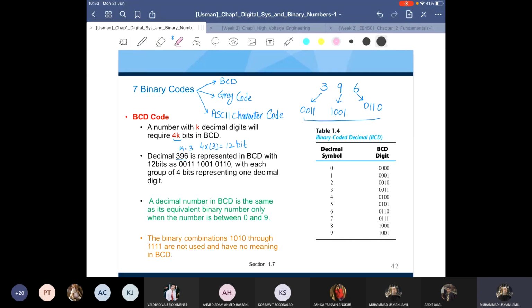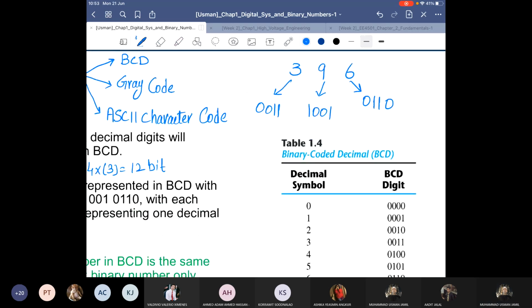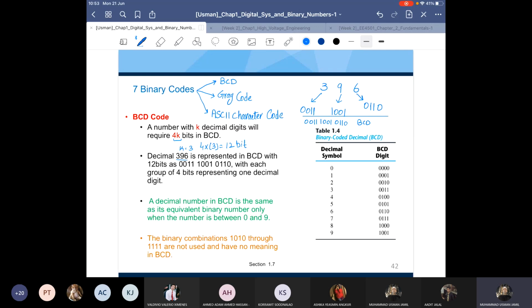When we write them all together, we get 0011 1001 0110. So this is called BCD, binary coded decimal. In this, each digit is represented by a binary number.